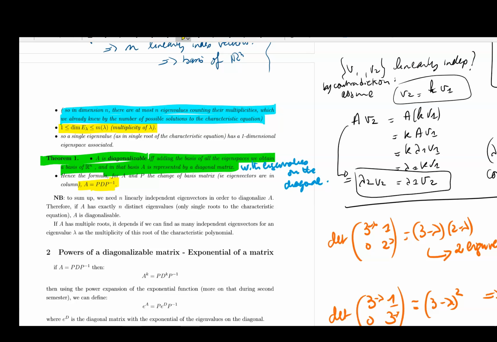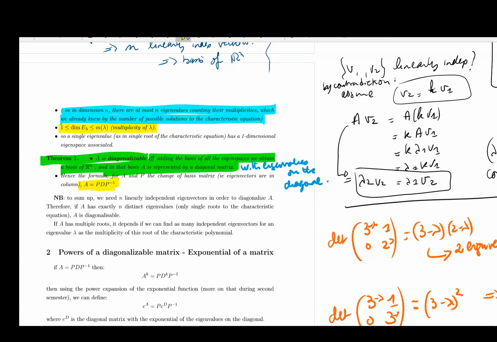Okay, so let's read that small note before we do an example in the next video. To sum up, we need n linearly independent eigenvectors in order to diagonalize A, because we want to make a basis of Rn in order to obtain a matrix P that is going to be square and invertible.